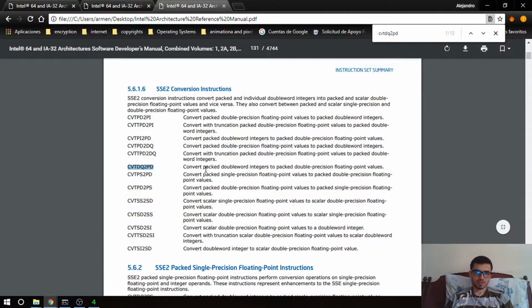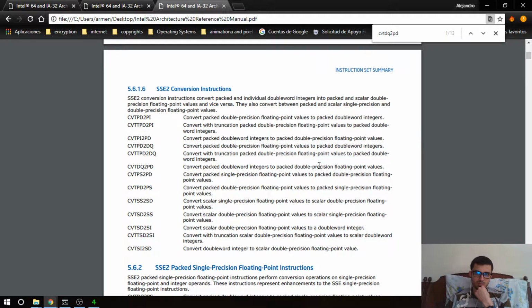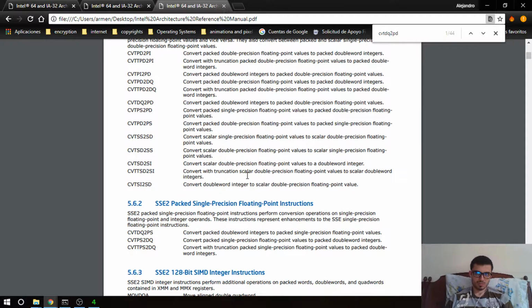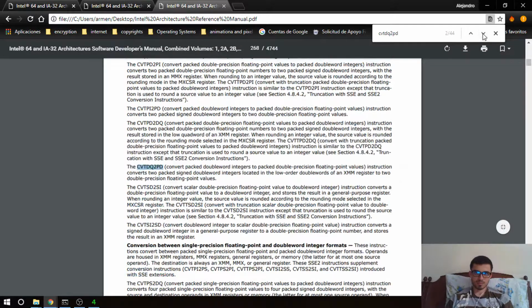It converts packed double word integers to packed double precision floating point values. Okay.